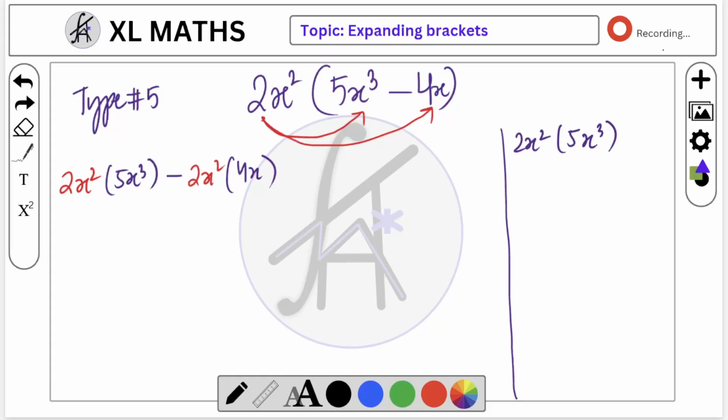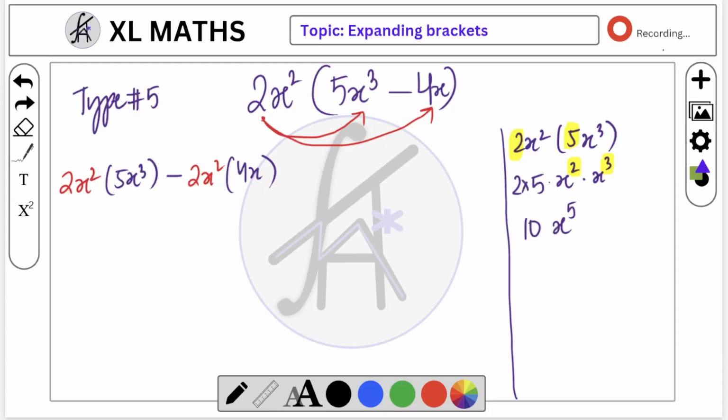So what we're going to do? Again, number times number, a variable times variable. X squared times x cubed. So what's 5 times 2? 10. X squared times x cubed. What are we going to do? Same variables, different powers, we're going to be adding them. So x to the power 5 we get.